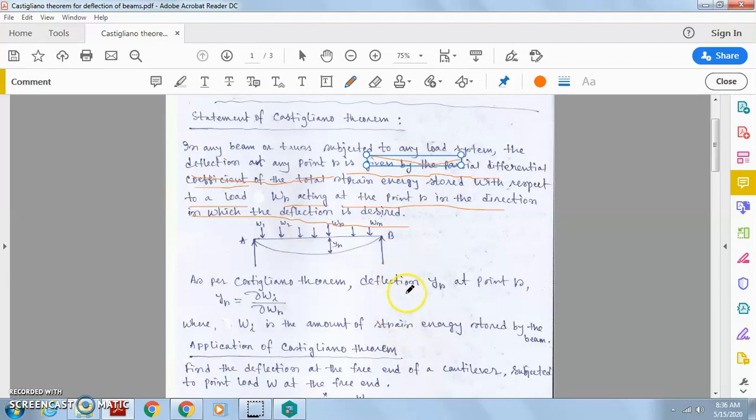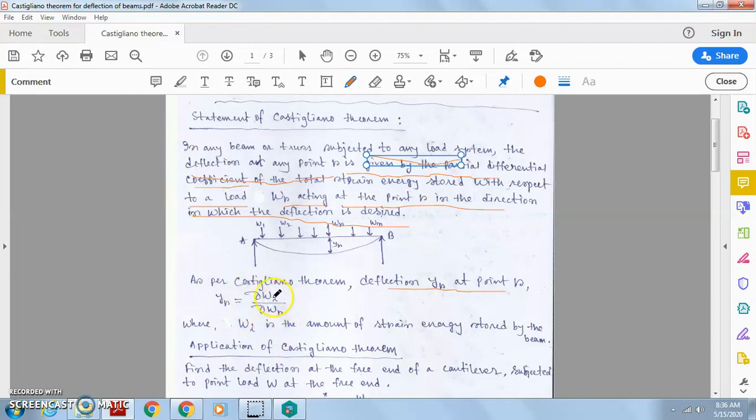In simple words, suppose this is a simply supported beam. At point R, the acting point load is WR, and due to this load the amount of deflection that occurs is YR. So as per Castigliano, YR is equal to the partial differential of the strain energy Wi with respect to the point load acting on the point.